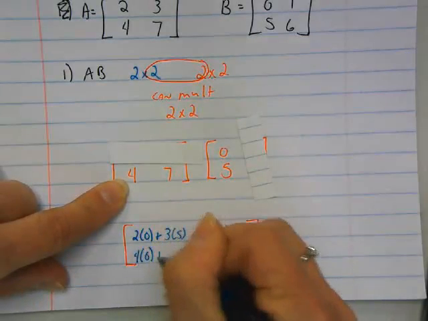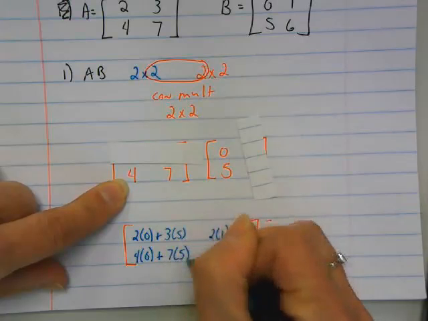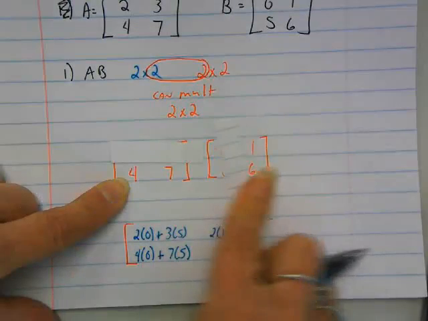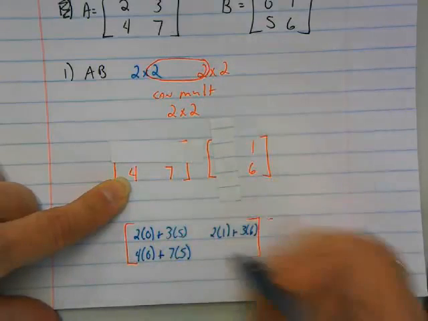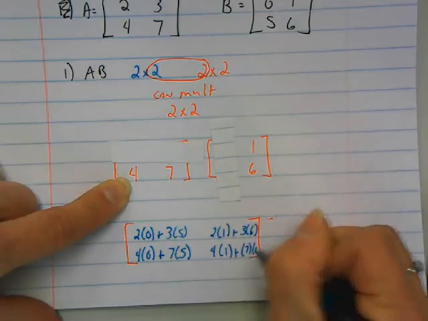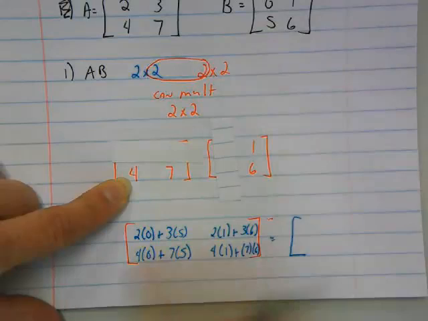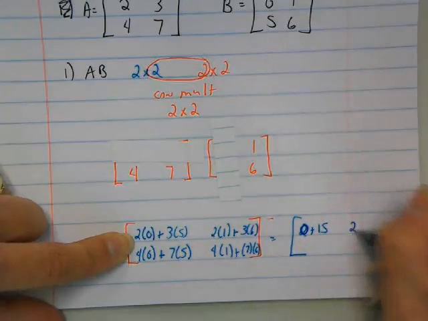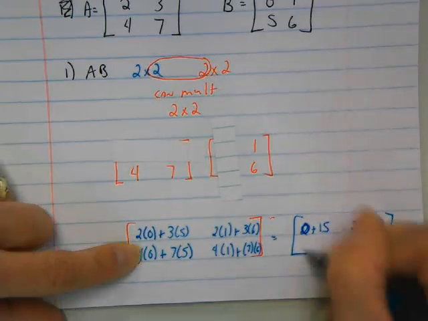Now I clean it up. So 0 plus 15, 2 plus 18, 0 plus 35, 4 plus 42. And when all is said and done, I get 15, 20, 35, 46.